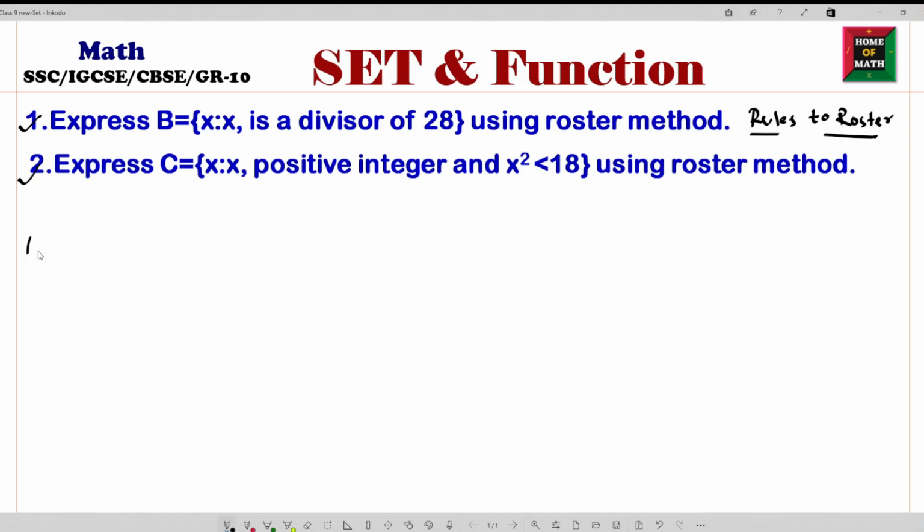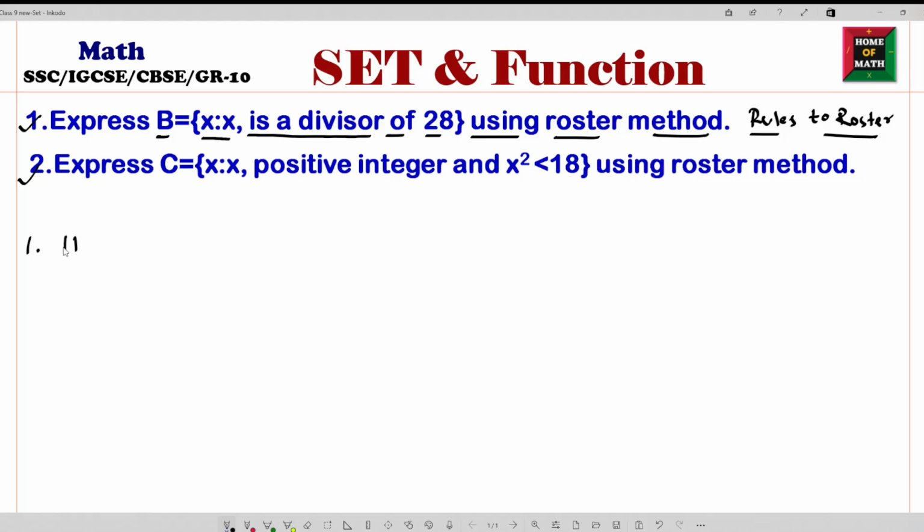Now look, here it says B equals {x such that x is a divisor of 28}, using the roster method. So first, what can we do?